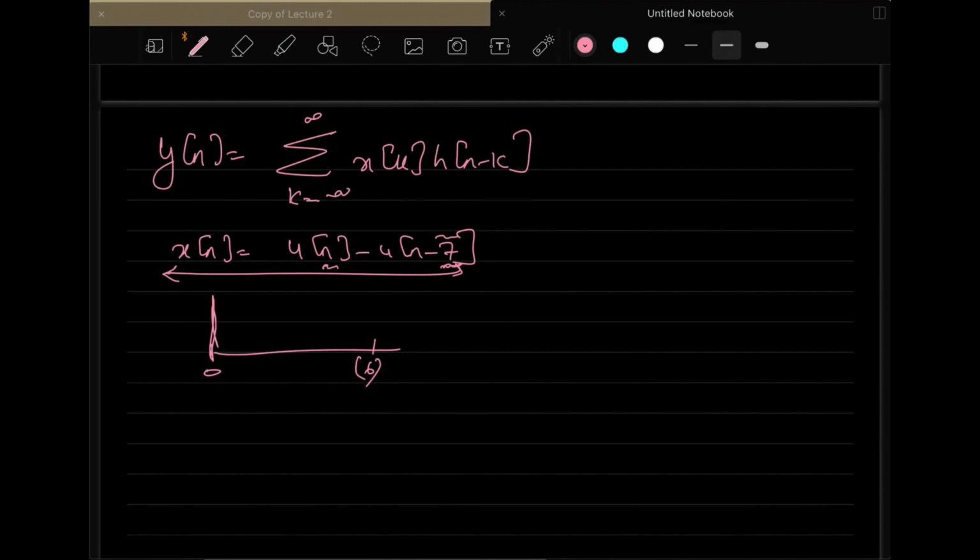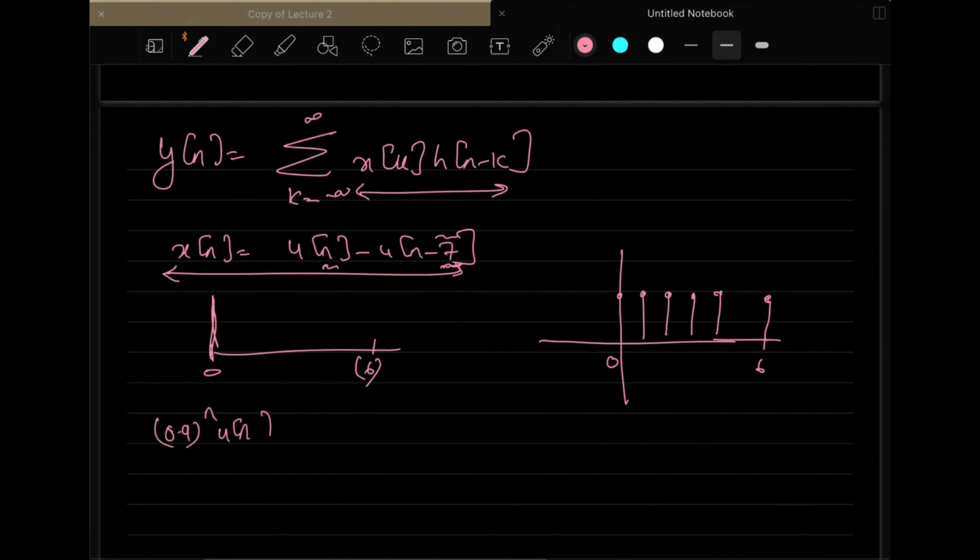solving this is similar to solving a geometric progression. Say you have this sequence, up to 7, and I want to convolve it with the exponential function 0.9 to the power n u[n].